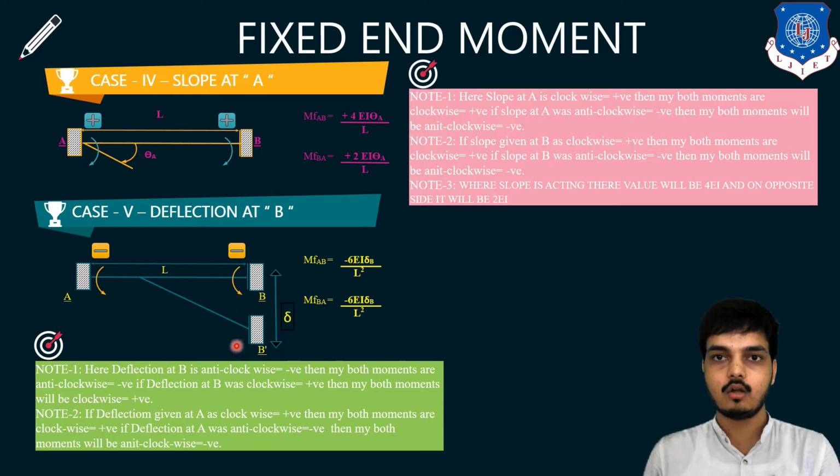Anti-clockwise means the sign will be negative, and the formula will be 6EI delta upon L square, where both the moments MFAB and MFBA are negative, because the deflection is clockwise and the moment will be anti-clockwise. In note number 1 it is written that if the deflection at B is clockwise, then a negative moment will be at both sides, which is anti-clockwise.